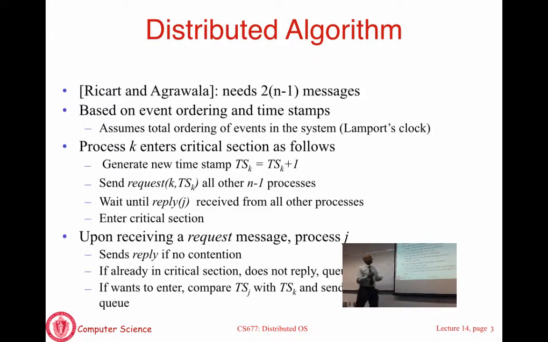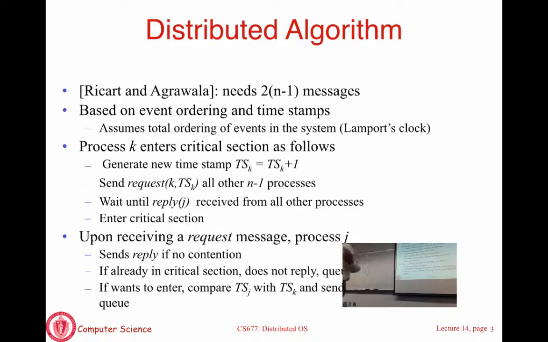Now if process K needs to enter a critical section, it is going to increment its local timestamp, the Lamport's clock, and it's going to say I want a lock request, I'm process K, this is my timestamp, and send this to all other processes. Then you have to wait until each of those other processes sends a yes reply. In this case, there's no concept of a no reply.